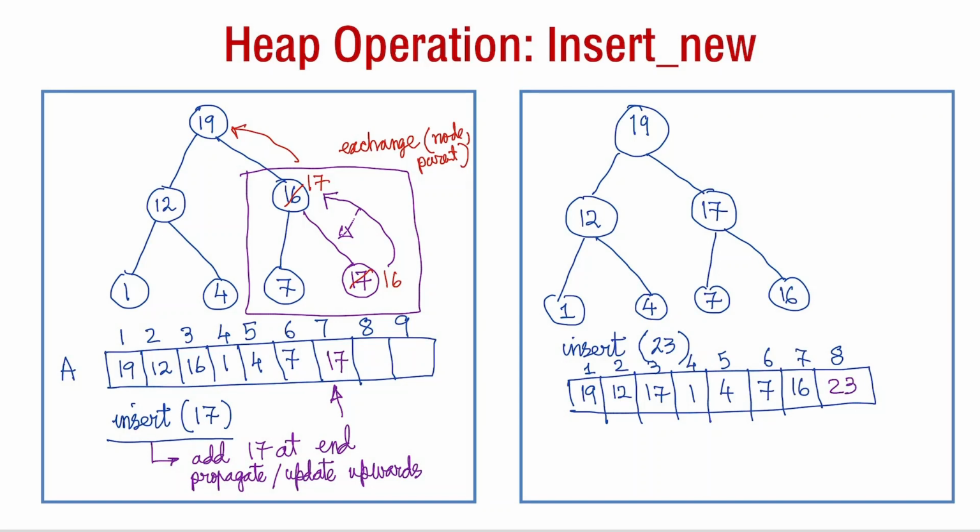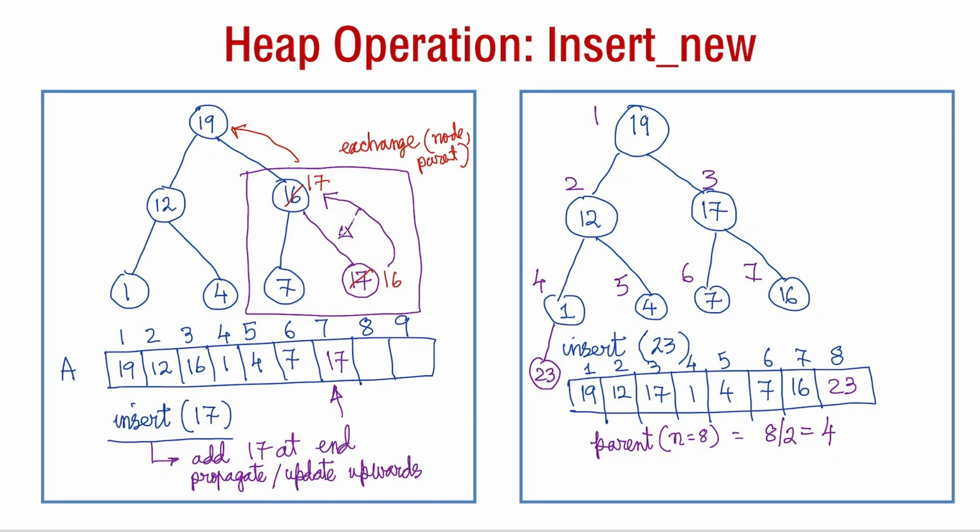As per our rule, who is the parent of 23? Who is the parent of node n equal to node 8? The parent of this node will be 8 by 2, which is 4. It will be node number 4, which is here. If our nodes are numbered 1, 2, 3, 4, 5, 6, 7, the 8th node will now be inserted here, 23.